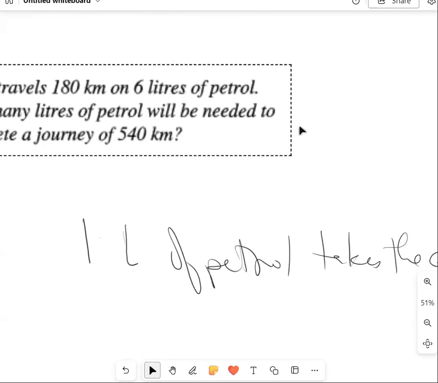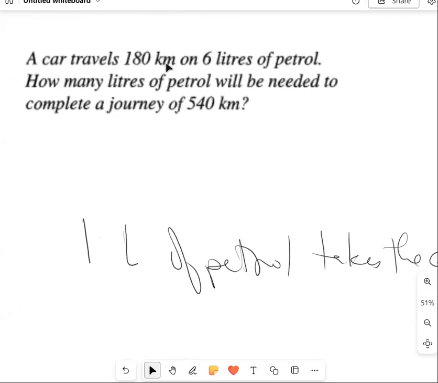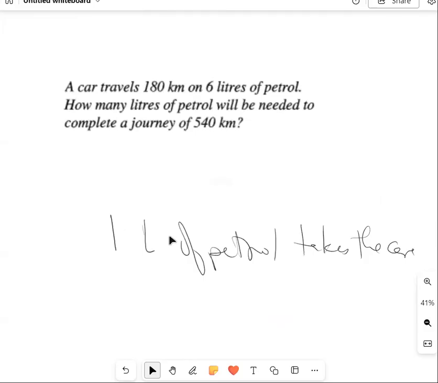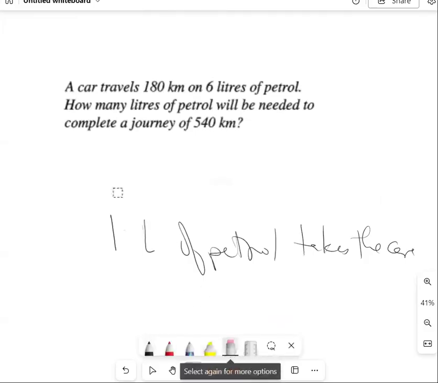Too big. Let me raise this back and write it back. It fits on the line.